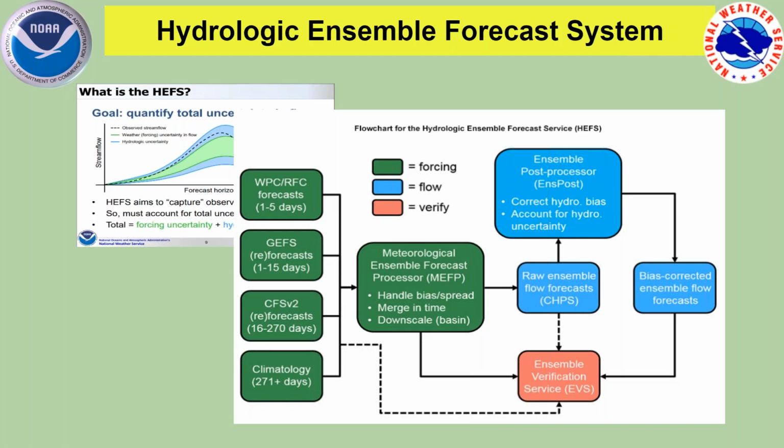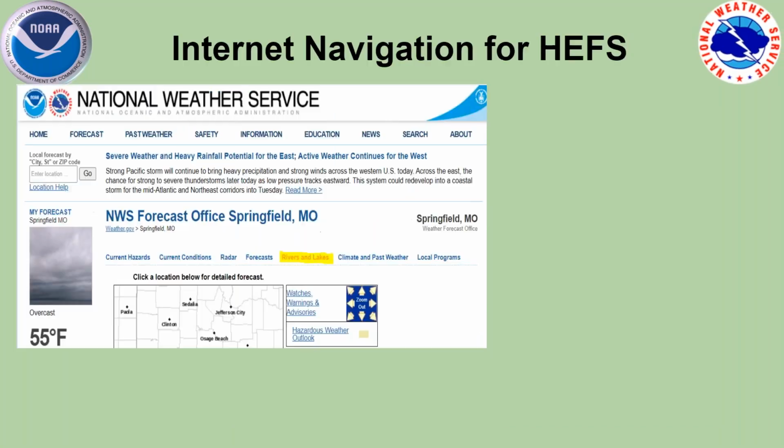We'll use that as input also, and it helps with seasonality issues. And there is also some climatology that goes in. So that all gets processed and we do some statistics on it, addressing the biases and adjusting for downscaling to basin level, and then it gets post-processed. And so inevitably, we want a product.